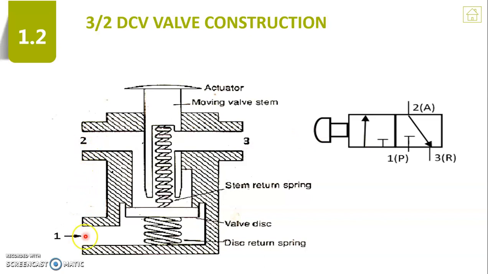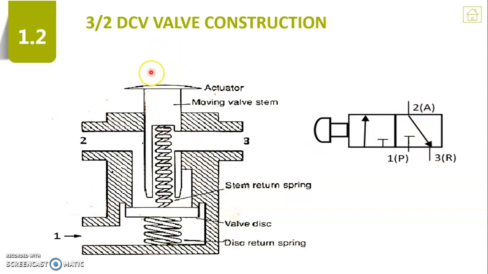Here in the 3x2 construction-wise poppet valve, the poppet arrangement is in disc shape, so it is said to be a disc type poppet valve. Here the push button is connected, so it is a manual push button actuated 3x2 DCV poppet valve. The number of positions is 2 and the number of ports is 3.